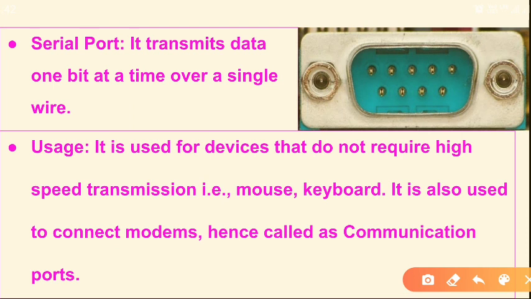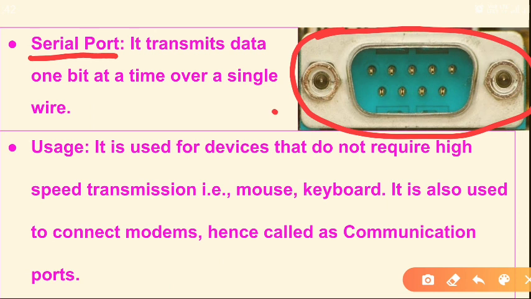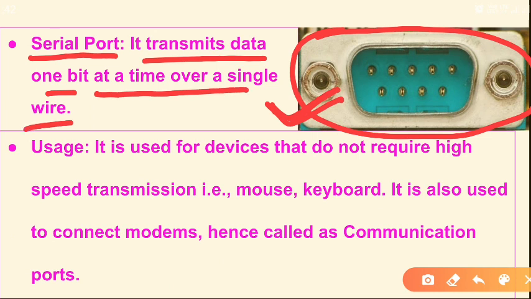The first type of port is called the serial port. See this port. If you see this type of port on your computer, you should call it the serial port.